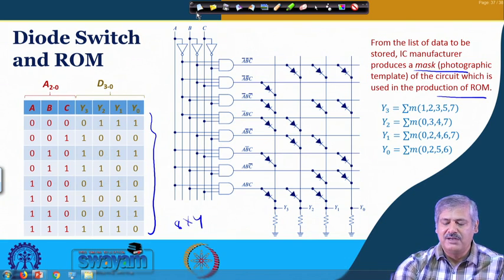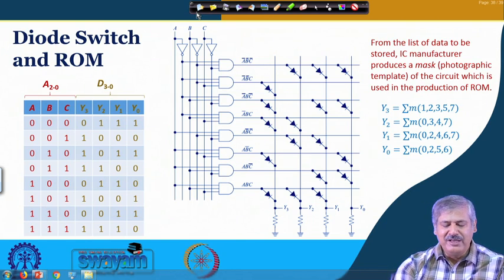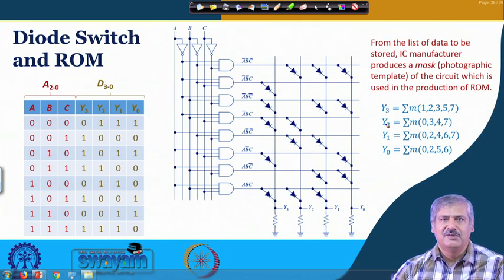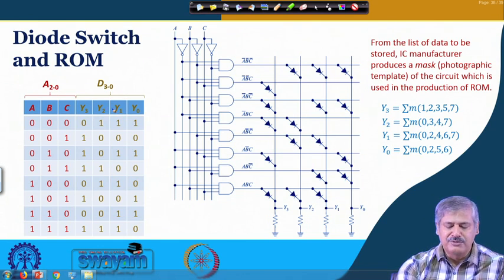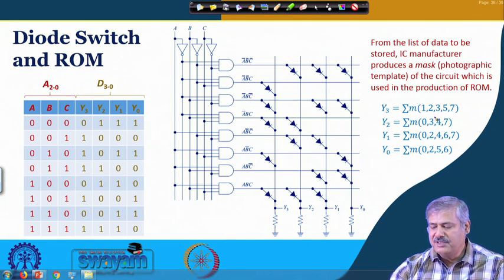Now, as you had noted, this memory is also a combinatorial circuit, right. So, now if we represent D3 as Y3, a Boolean function getting generated, and D2 as Y2, D1 as Y1 and D0 as Y0. Then this Y3 is what?